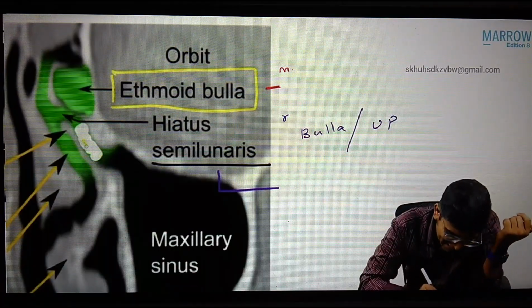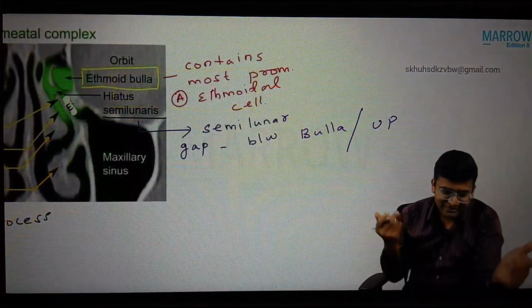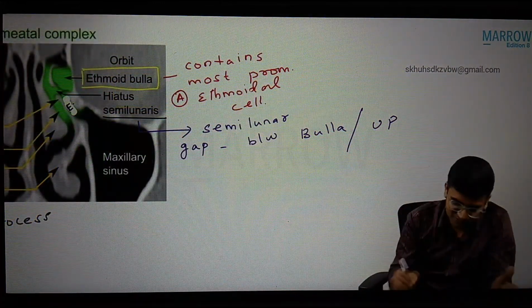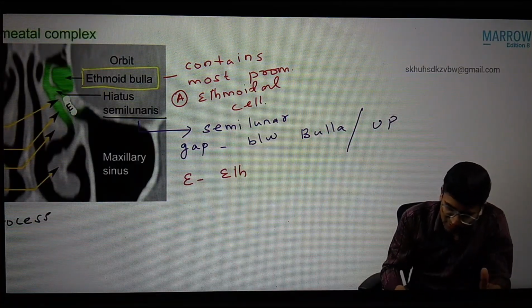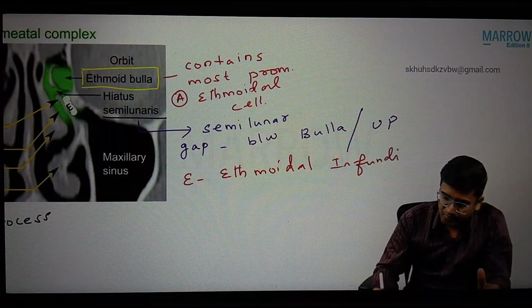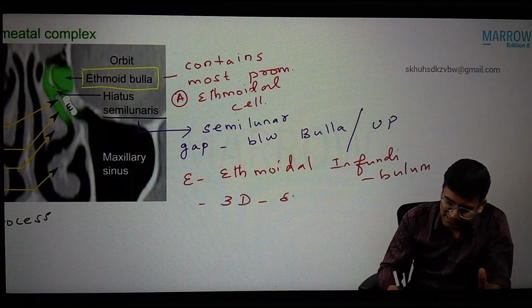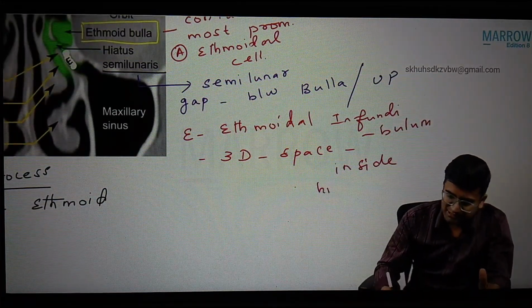I'm writing it as E. So the ethmoidal infundibulum is the three-dimensional space which is present inside the hiatus.